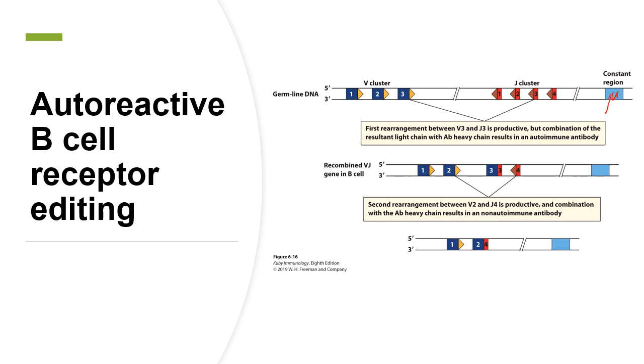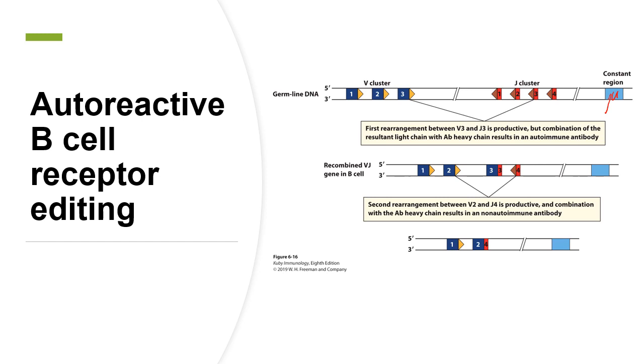It can't do anything else with the 3, and 1 and 2 have now been lost, because 1 and 2 were in between 3 and 3, so these two get lost from this process. But 2 and 4 are still available, and so the cell can actually go back and try this other combination, or it could try 1 and 4 to see if any of those potentially might actually create a functional immune protein that is not self-reactive.